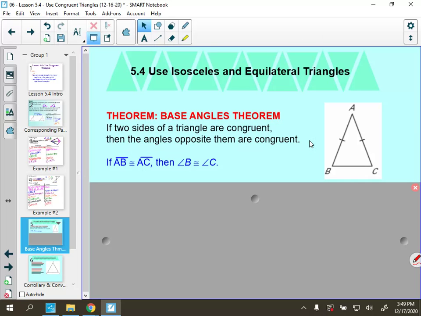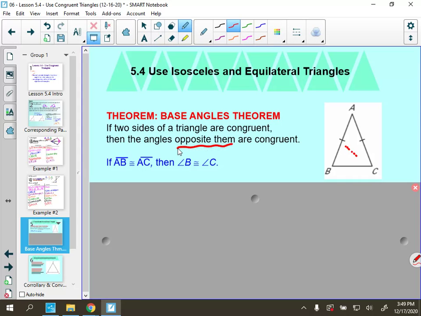We did it with pictures in class, but it basically says if you've got 2 sides of a triangle congruent, which makes this what type of triangle? When I have 2 sides congruent, this has to be an isosceles triangle, so that's why we're talking about isosceles triangles. If I know that this triangle right here is an isosceles, then I also know that what we call the base angles, which are down here, are opposite those congruent sides.